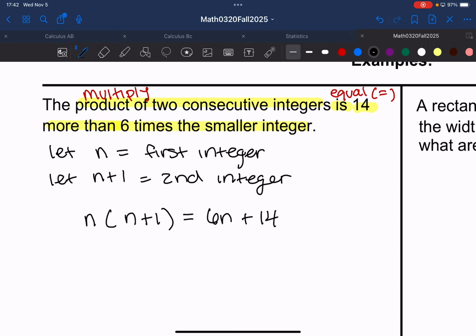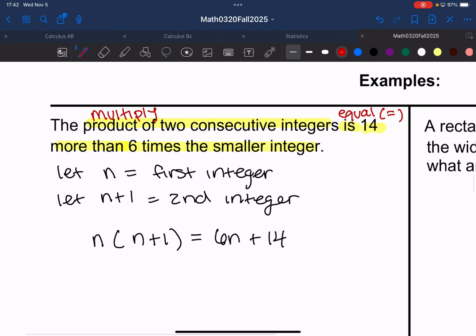So I feel like the hardest part of this would be taking it from words and putting it into the equation. Because then from here, we know that, since we're dealing with quadratic equations, we need to have everything equal to what number? 0, just like yesterday, everything equal to 0. So before I start moving over the 6n and the 14, I can go ahead and simplify the left side by distributing the n.